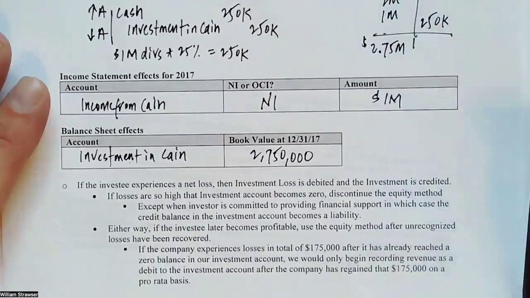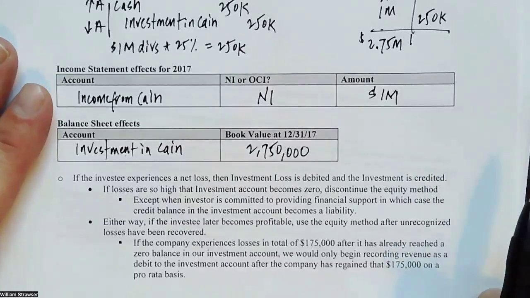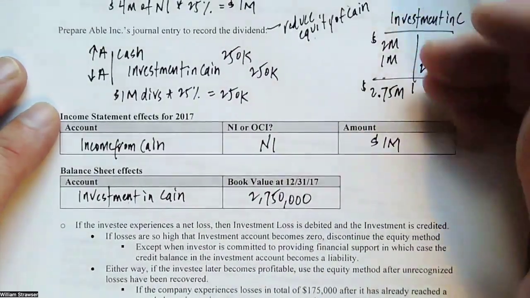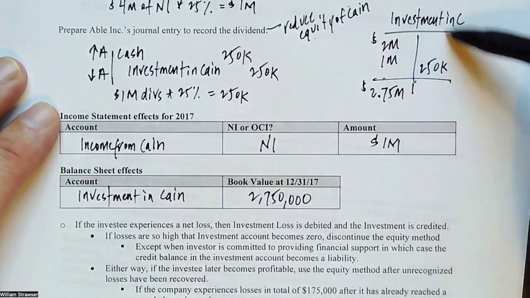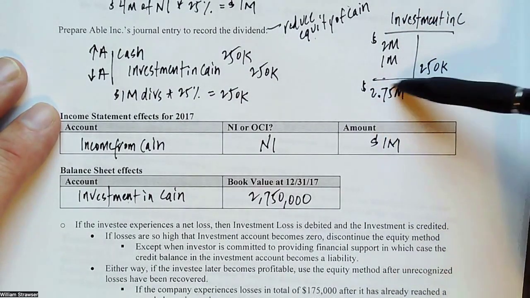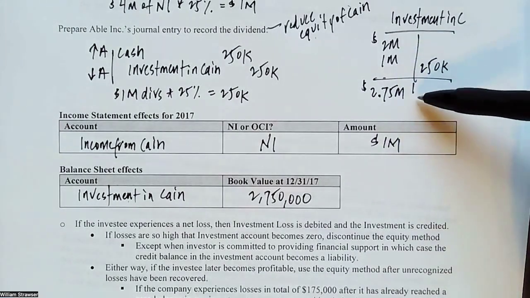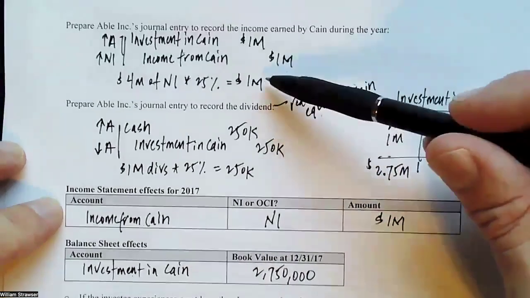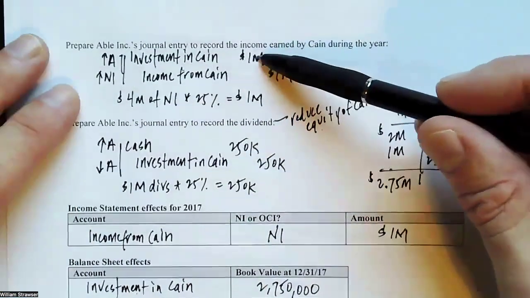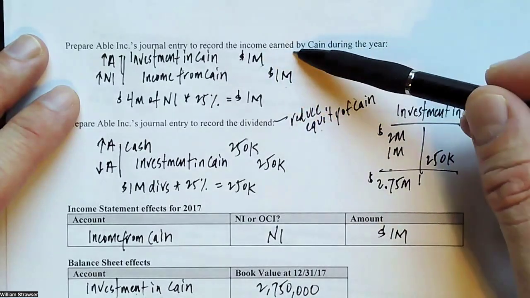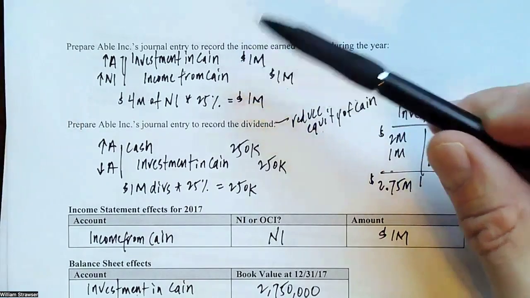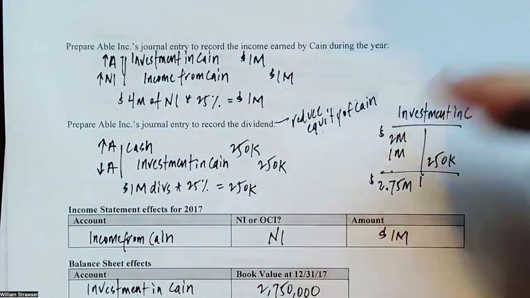Now, one more little caveat. Let's say that we invest in a company, and so we have our investment in Kane, and now it's at 2.75 million. But let's say they had year after year of losses, such that instead of recording debits here, we would have losses. Those losses would reverse this entry. We would be debiting income from Kane to show as it is a loss, a debit.